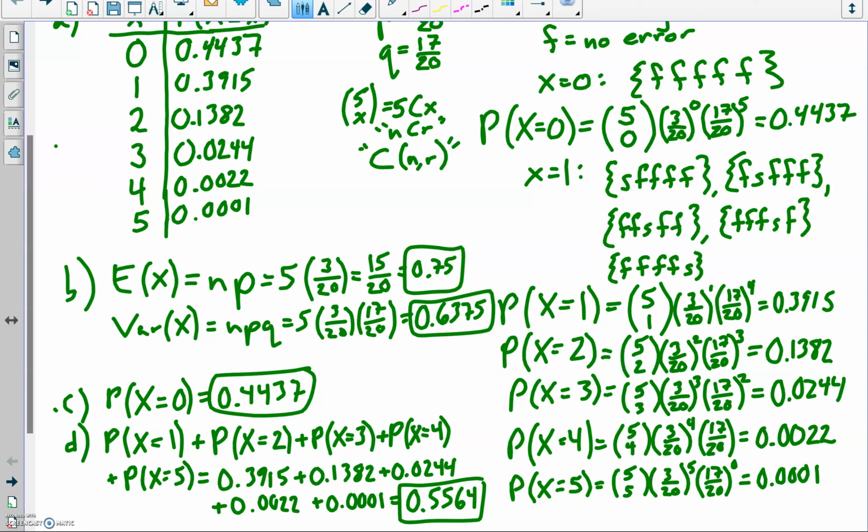So basically what you're seeing here is there's roughly a 44% chance that you will get no errored chips, and there's roughly a 56% chance that you will get at least 1 chip with an error when you're picking 5 out of the batch, with this probability of 3 over 20 to get an errored chip.